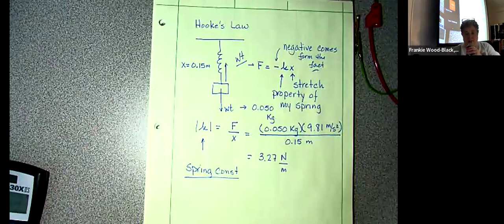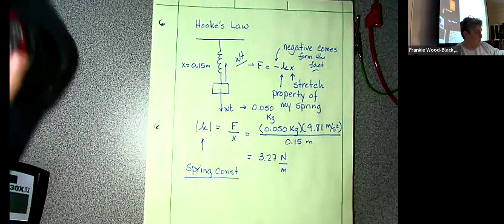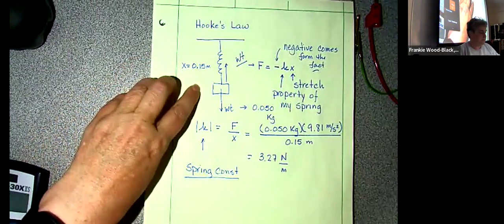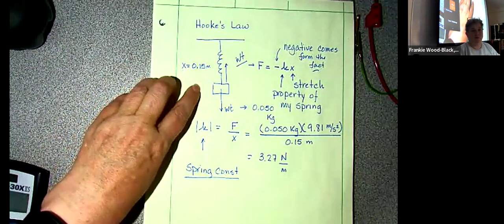And you're going, all right, what has this got to do with where we're headed in physics 2? Well, this only works when my weight sits there because we know what happens, right?